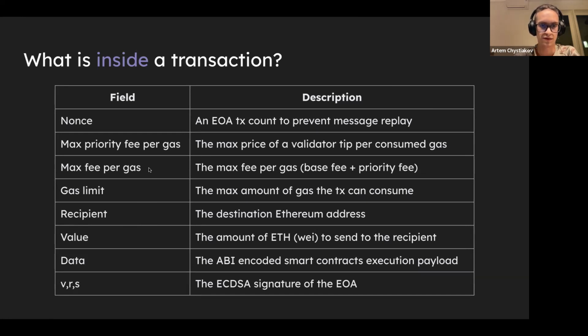Will the max priority fee per gas be used up to the maximum by the validator? I think it's reasonable for the validator to always get the maximum amount of money possible. So no, the validator will not consume whatever you specify, because first of all, there is a cap on the priority fee per gas.